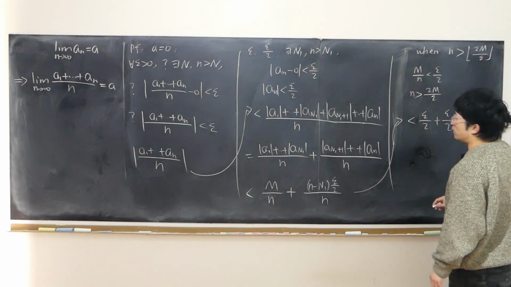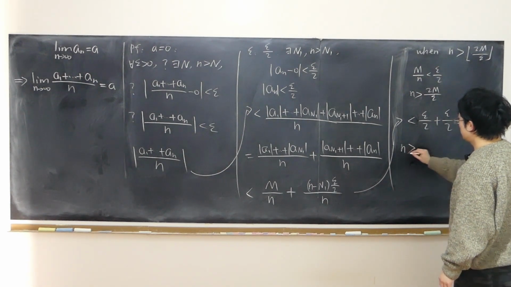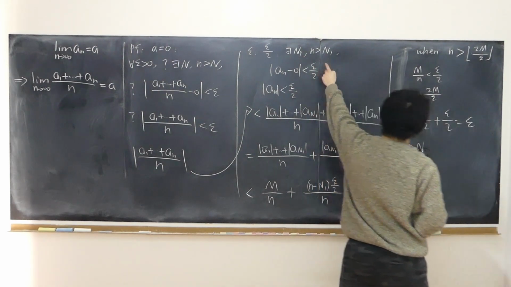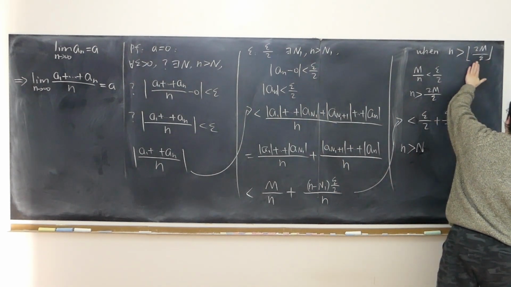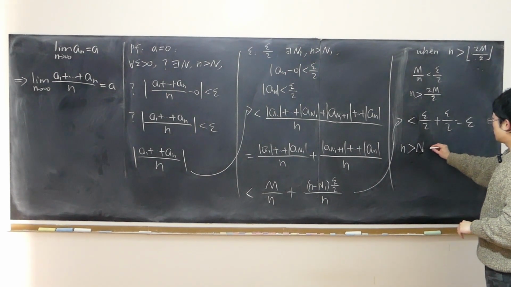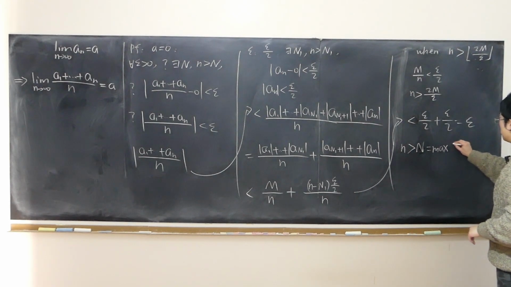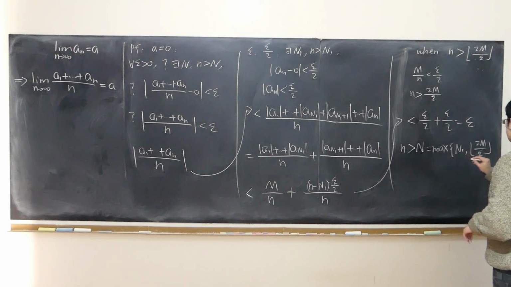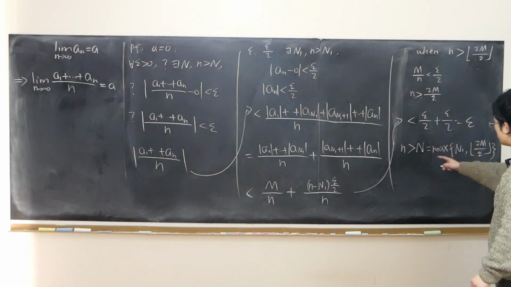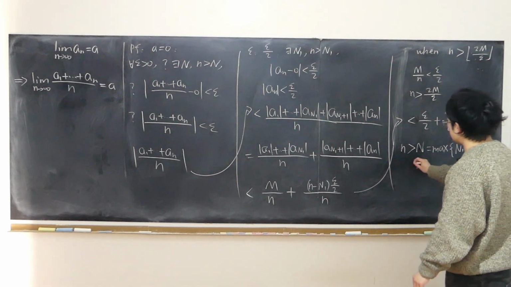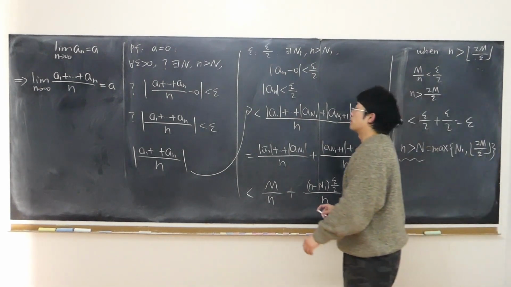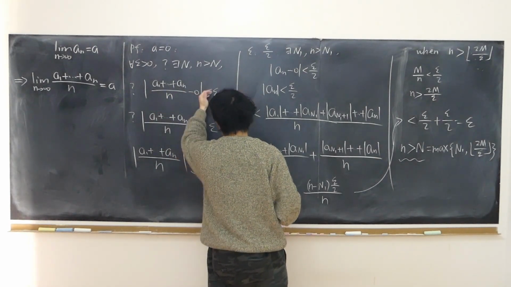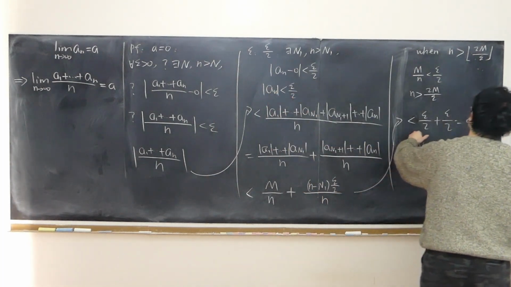So I've really shown that when little n is large enough, not only larger than this capital N1 but also larger than this fixed positive constant, in other words the maximum of N1 and the integer part of 2M over epsilon, the larger one is my capital N, then the distance between my desired sequence and 0 can be shown to be smaller than epsilon.